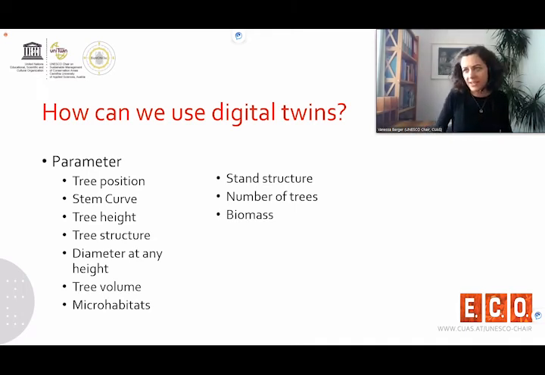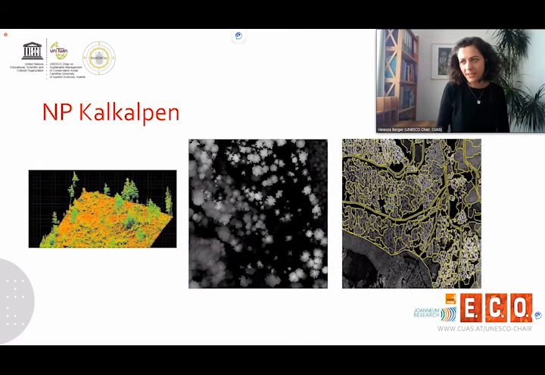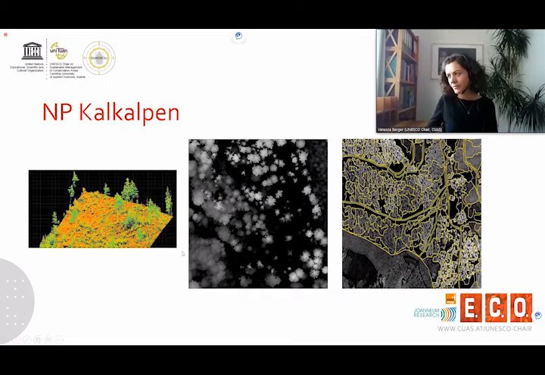Here we have the national park. So on the side, you can see some standing trees, but also a lot of dead trees in there. This is now the crown height. In here, I can see that those trees are dead because they look quite different to these living trees down here.